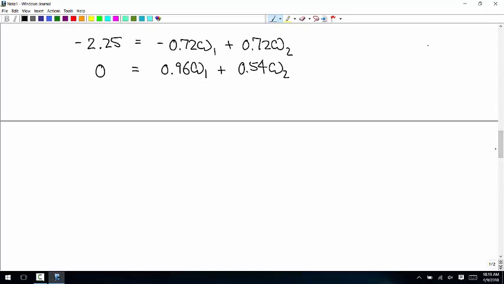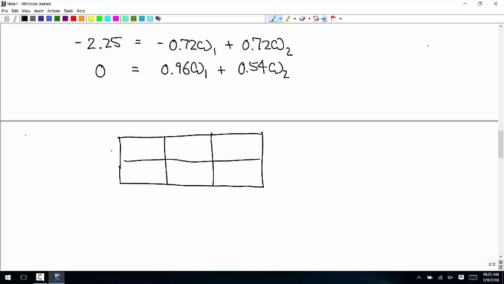It wouldn't be too hard to do that with substitution. We like to do it the hard way, so let's do this. So there's our equation 1, equation 2. There's omega 1, omega 2, the constant.